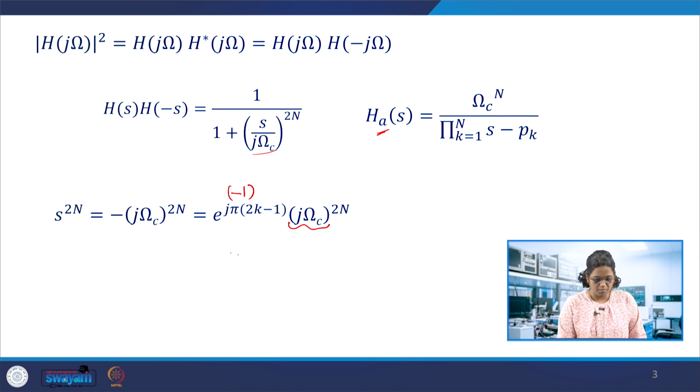Simplified, this becomes e power j pi (2k minus 1).